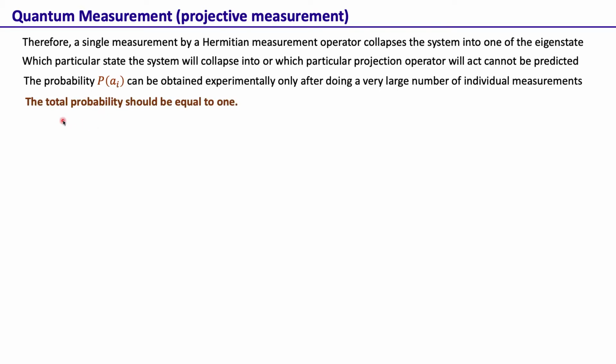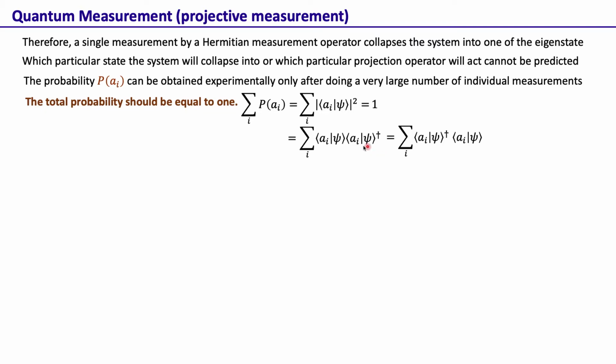Now we also realize that in this measurement the total probability has to equal 1. So that means P(ai) summed over all the states has to equal 1. So P(ai) we can write as |<ai|psi>| squared, and then, since this is a complex number, we can write it as <ai|psi> times <ai|psi> dagger, which is <psi|ai>. Since we have the state normalized, we get from here that the sum over i of |ai><ai| is equal to 1.